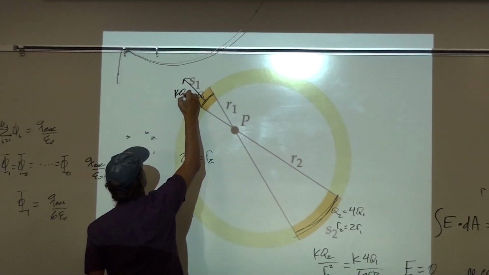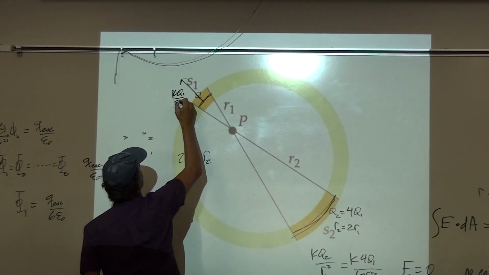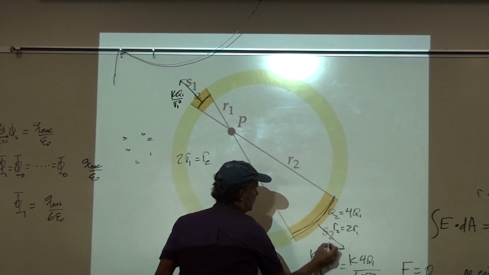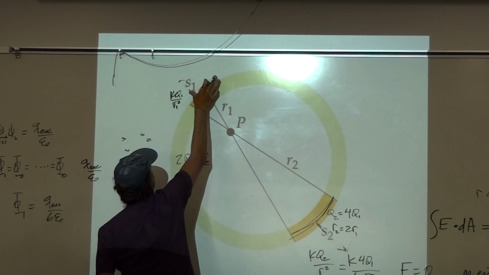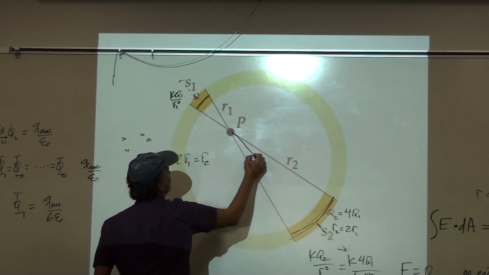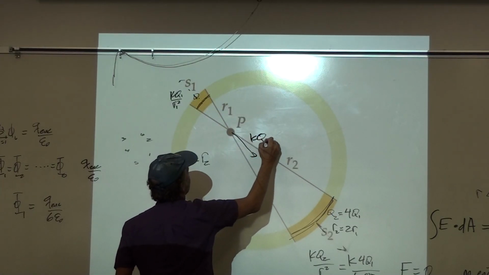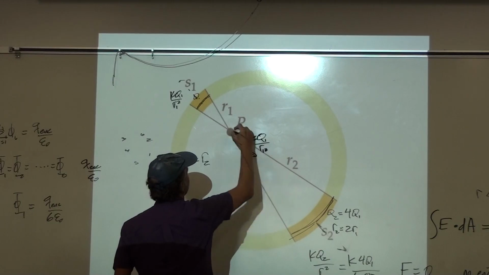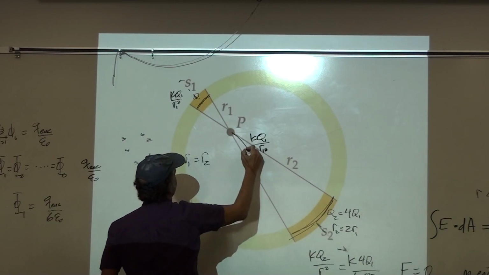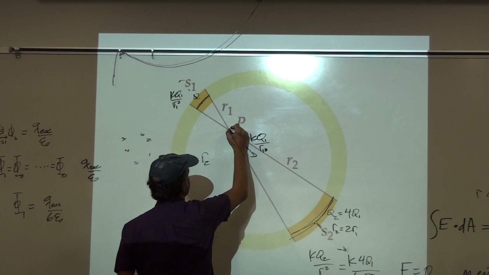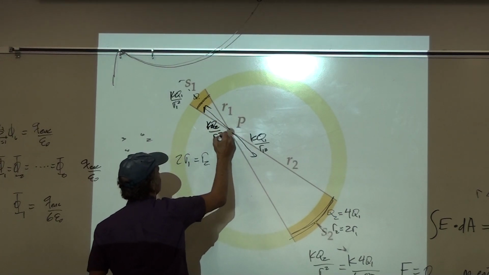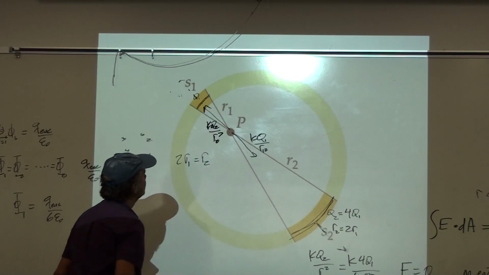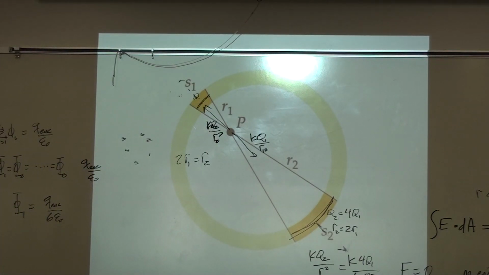That's KQ1 over R1 squared. The electric field should be sitting here. Sorry. This is the source of the charge. So the electric field here is going to be KQ1 over R1 squared, pointed away from charge 1. And for charge 2, it's going to be KQ2 divided by R2 squared. So they cancel. They cancel by symmetry.